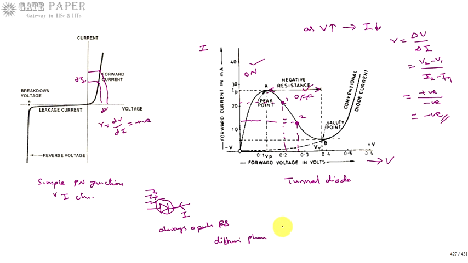As you apply more and more electric field, charge carriers will travel with more and more velocity, so the response time can improve. Whereas in diffusion we cannot increase the speed of response.